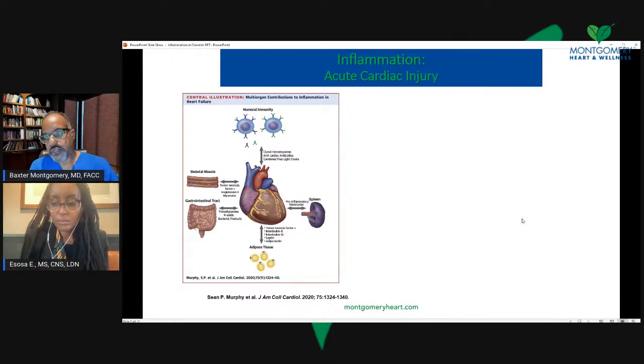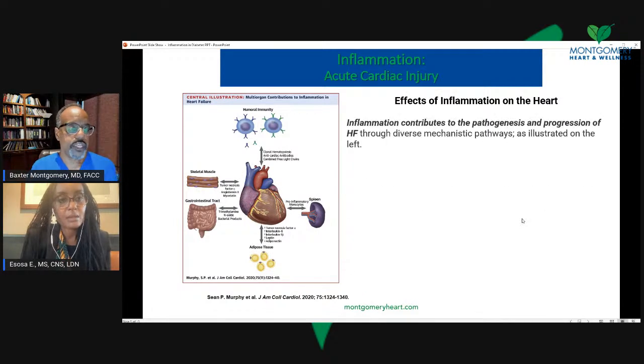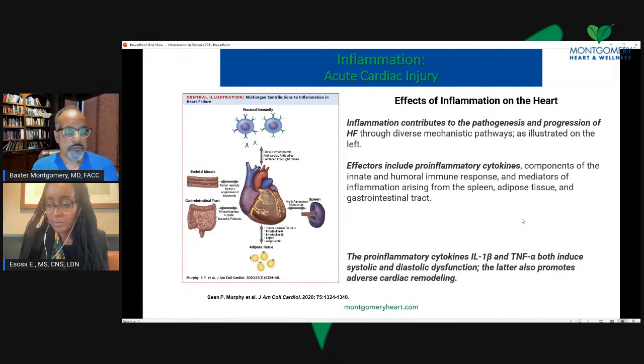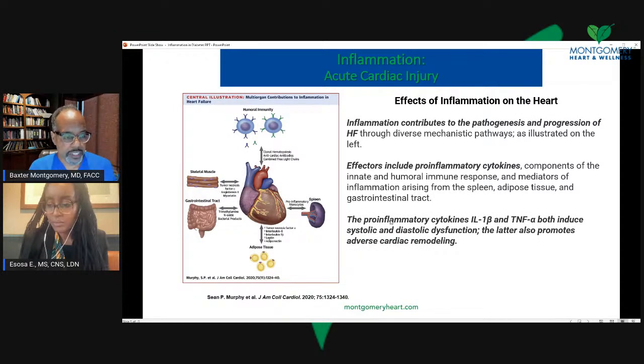I just threw in here a slide from a previous talk, and the reason I did this is to bring up some of the common things. Those of you who saw my heart failure inflammation talk may remember this slide. What I want to do is talk about some of the same things. You have effectors of pro-inflammatory cytokines, IL-1 beta and TNF alpha. They also induce systolic and diastolic dysfunction.